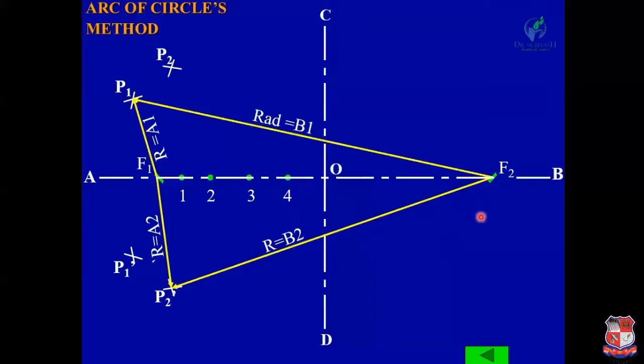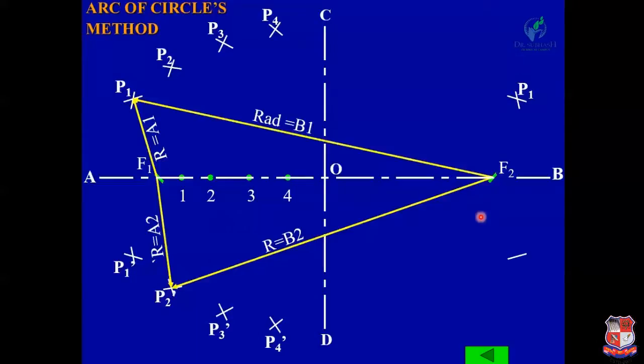Similarly, with center F1 and radius A3, draw an arc, and with center F2 and radius B3, draw an arc, and you will get the points P3 and P3 dash. Now with radius A4 and center F1, draw arcs on both sides, and with center F2 and radius B4, you will get the points P4 and P4 dash.